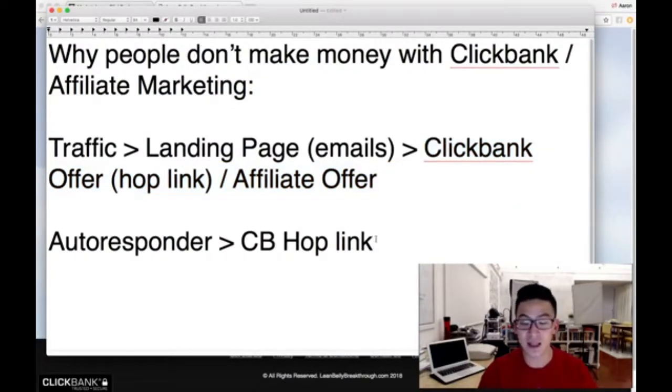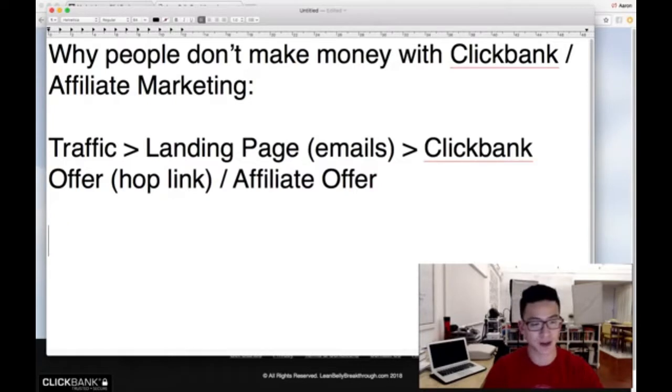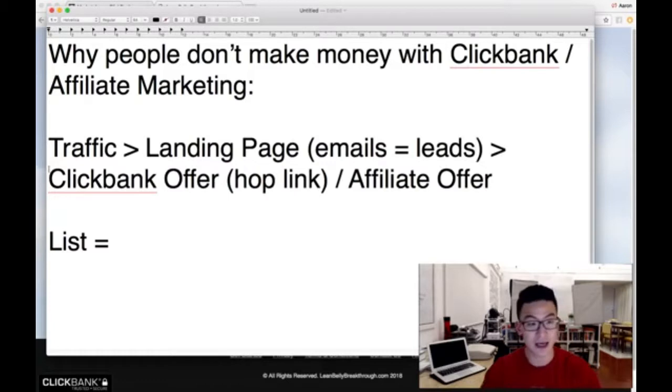And they just keep slamming and slamming that list, and so what happens is this, okay? This is what happens. So let's just say you spend lots of money on your traffic, you collected emails, which are leads, right? So emails equals leads, okay? And so your leads is basically your list, right? It's the same thing.